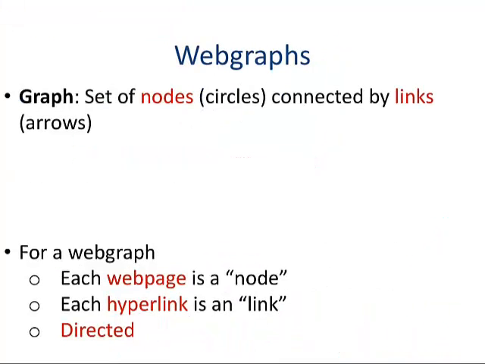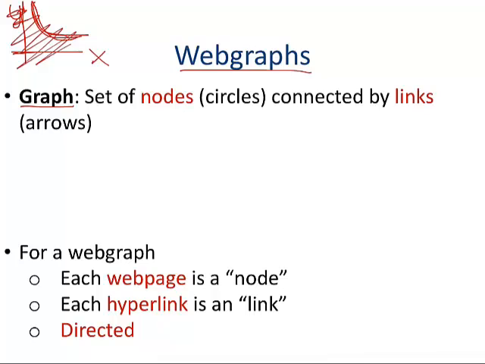So this brings us to the idea of what a web graph is. So what do we mean when we say the term graph? Are we talking about a graph of some function on an xy plane, where we have some sort of parabola or something that we're trying to graph here? Well, that's certainly one type of graph, but it's not the type of graph that we'll be discussing in this section.